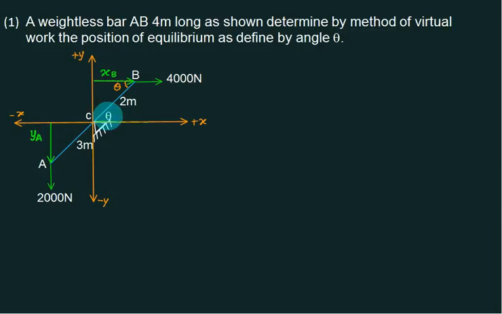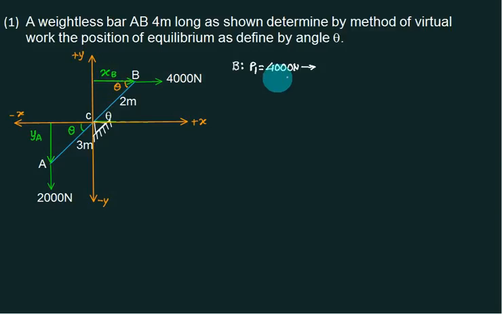Now this angle is theta, this angle is theta, so this angle is theta. So right, at B we have P1, and P1 is a force. Don't write plus minus, but do show their direction.